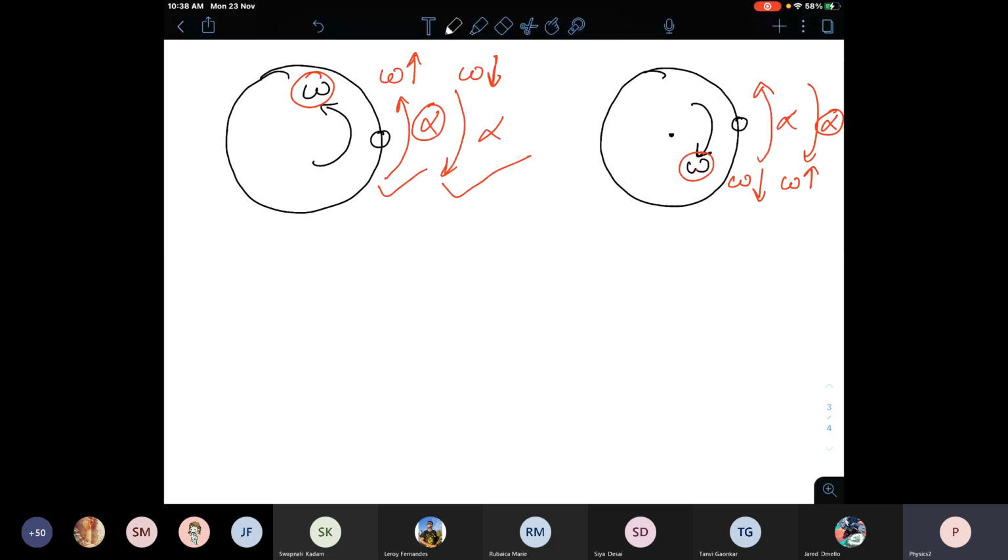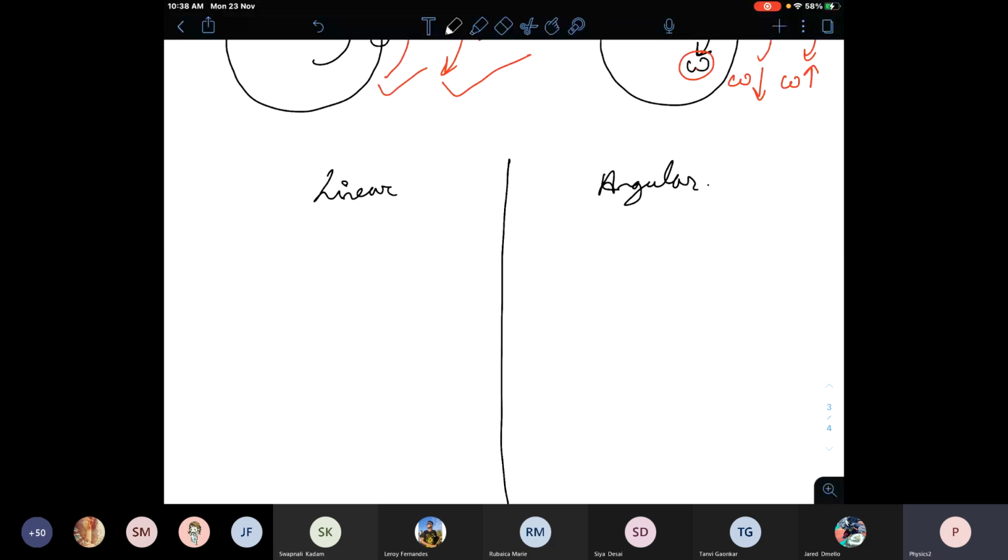They are very, very similar. Just the values are changing, the formulas are almost the same. So let's see linear motion and angular motion side by side. We will see the similarities, not the differences, similarities only.